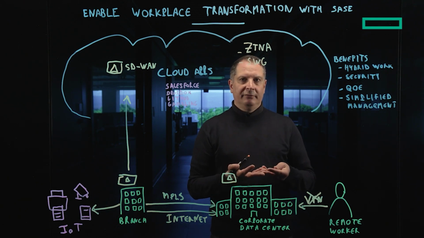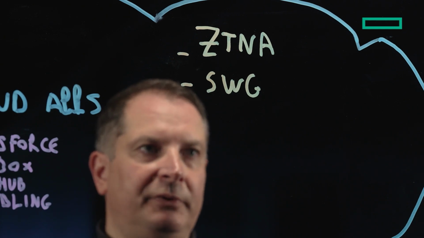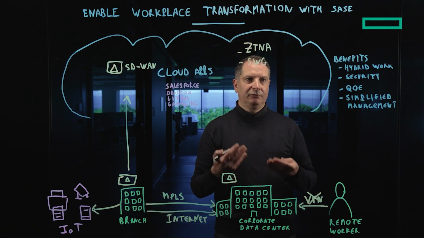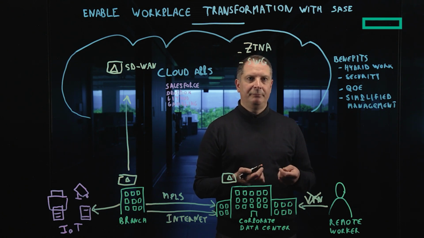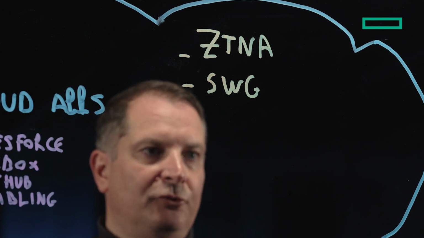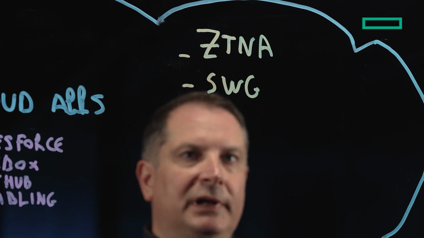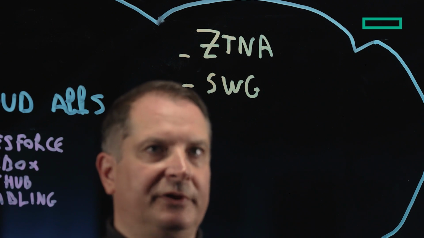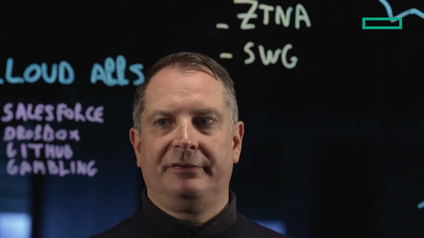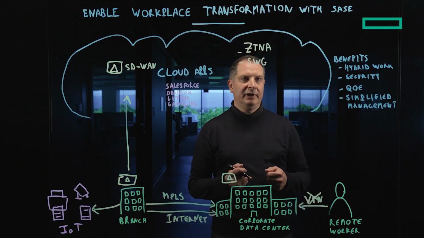With SWG, you're going to perform security inspection such as URL filtering, content filtering, and web-based access control. This is done in real time so that the organization can quickly respond to any security incident. SWG also blocks websites such as gambling websites or adult websites.